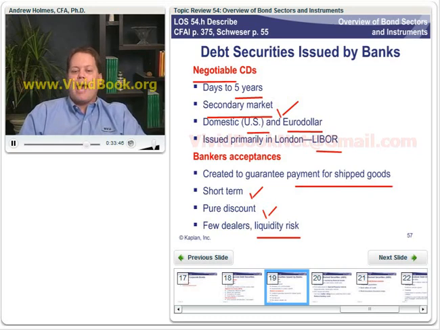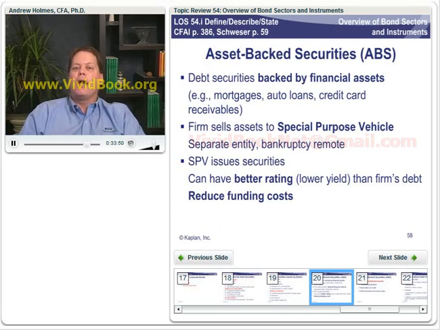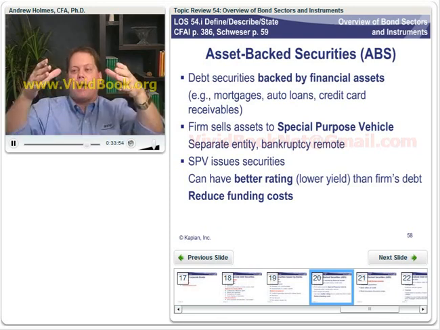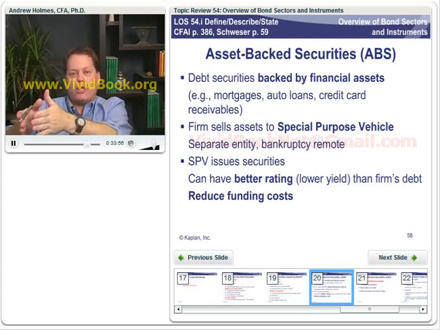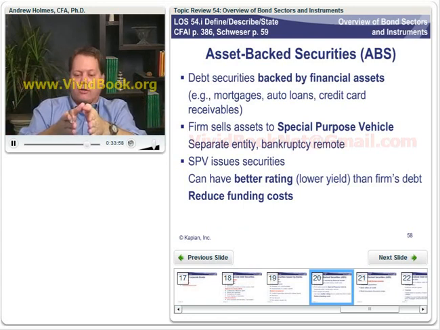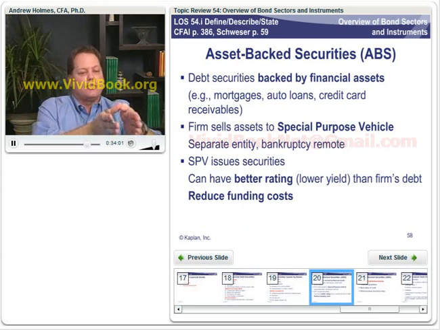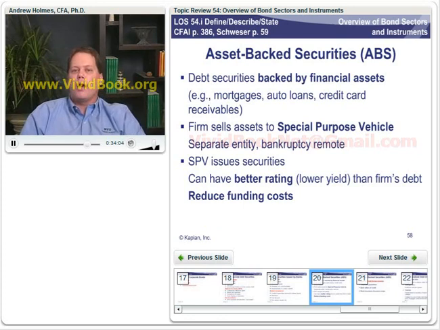What about asset-backed securities? The way I would have thought of this is that under asset-backed securities you could have mortgage-backed securities, credit card receivable-backed securities, student loan receivable-backed securities, and CDOs. All of that would have come under asset-backed, and that's probably the way it is used in the real world.